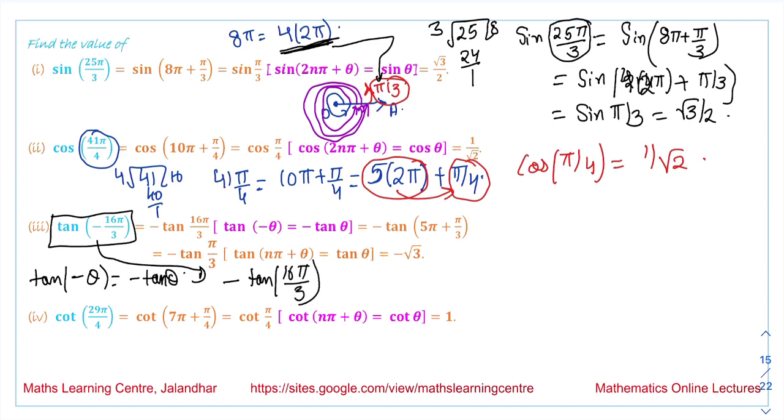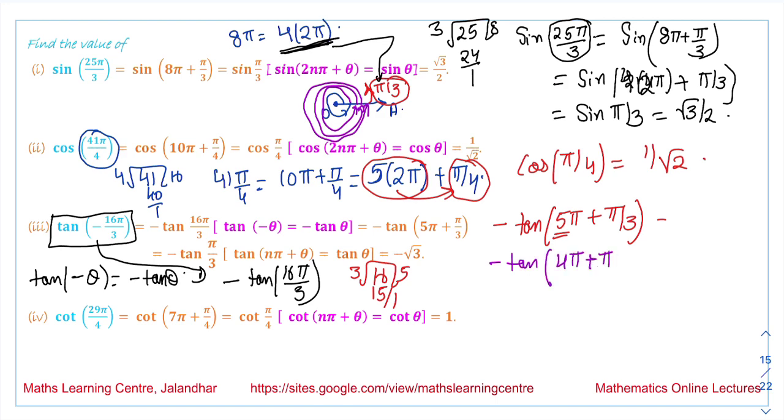If we divide 16 by 3, we get remainder 1 over here. So we are writing it as minus tan of 5 pi plus pi by 3. Now look at this value over here, it is 5. It is not an even number. So we can write it as minus tan of 4 pi plus pi by 3.